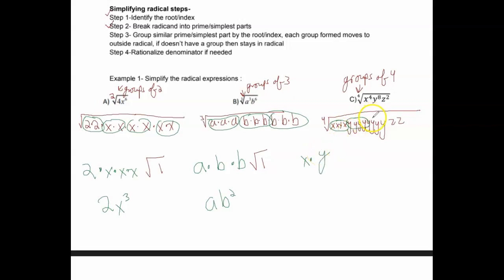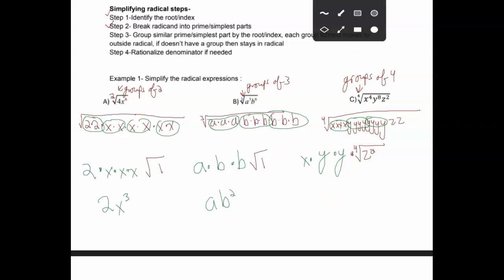One group of y's, I accidentally miscircled, another group of y's. Now if it doesn't make a group of 4, that means it's going to stay inside the radical, or the radicand.